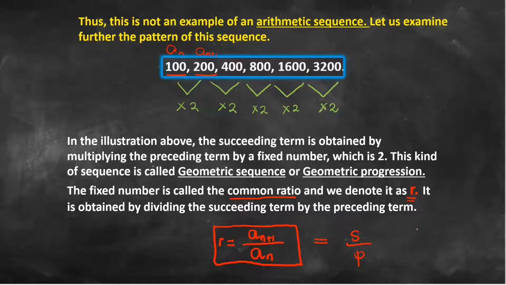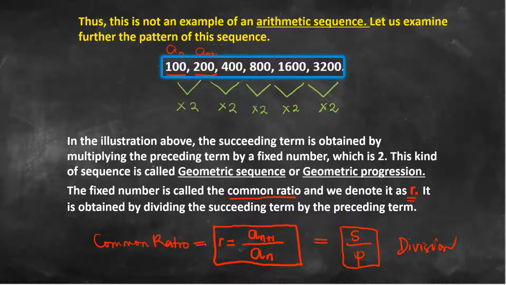And if you have the same number, the ratio is the same, then it is a geometric sequence. Okay, again, the process is division. So finding the common ratio involves division.